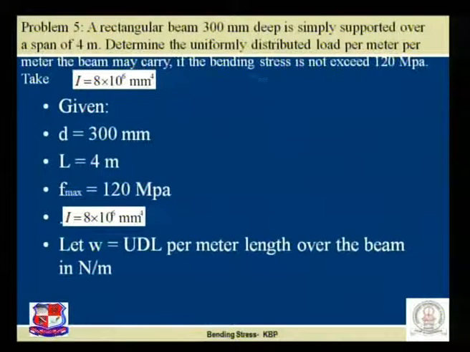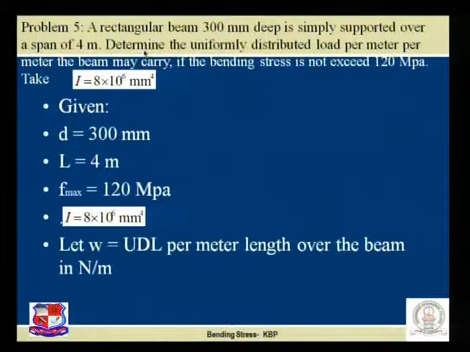Think what we can do in this particular problem. So rectangular beam, one dimension, that is the depth, has been given to us. Another parameter is that the given beam is simply supported, length 4 meter.